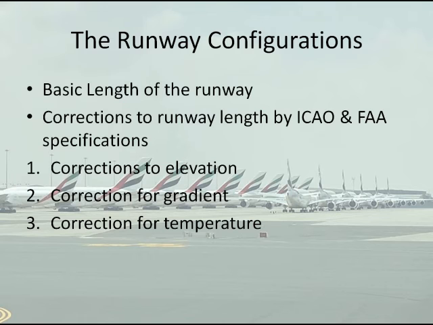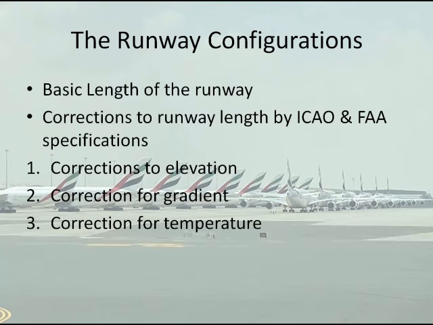Next, correction for gradient. As the gradient becomes steep, more consumption of energy takes place, and a longer length of runway will be required to attain the desired ground speed. The ICAO does not give any specific recommendations for the increase in length due to the effective gradient.